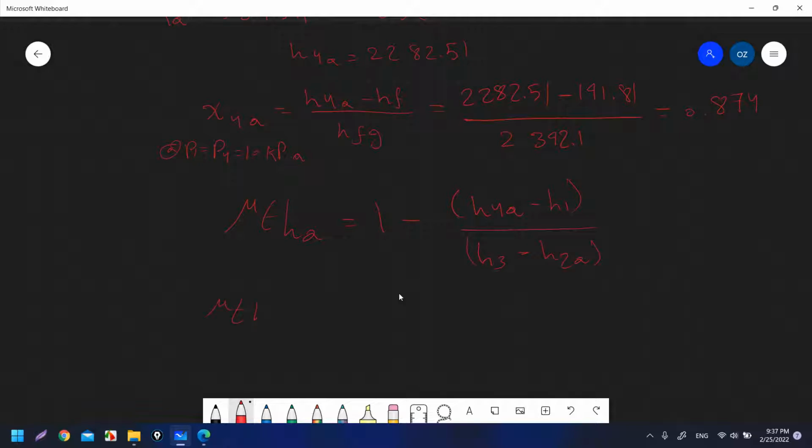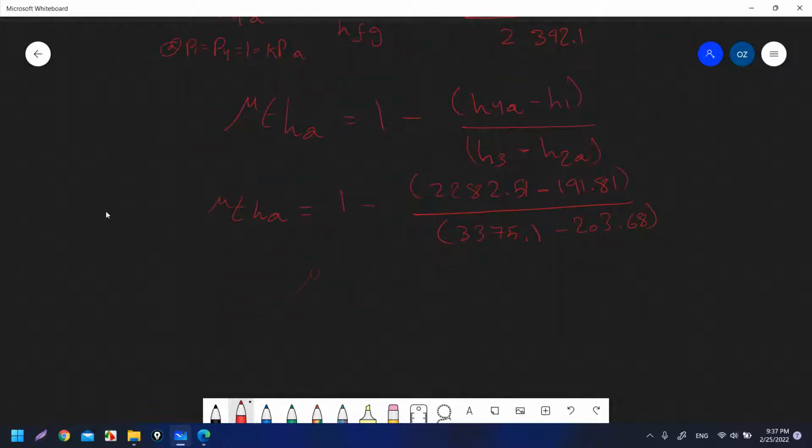So the actual thermal efficiency is 1 minus 2282.51 minus 191.81 over H3, 3375.1, minus 203.68, and this will give you that thermal efficiency is equal to 0.341, which is 34.1%.